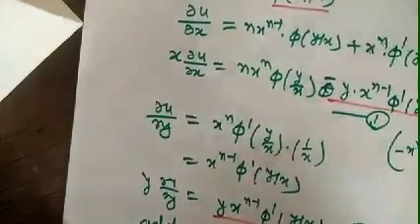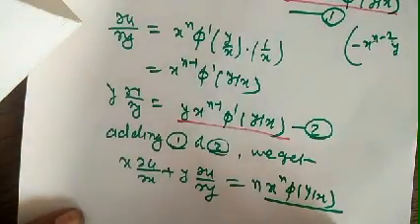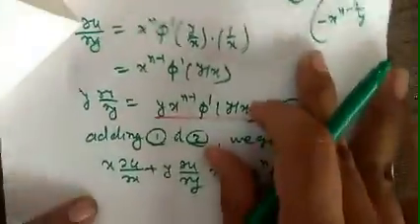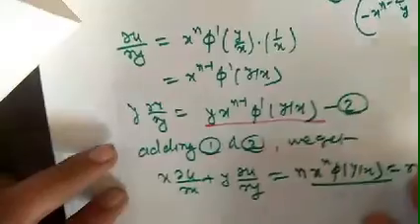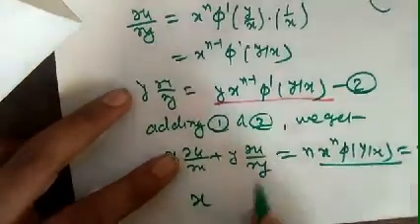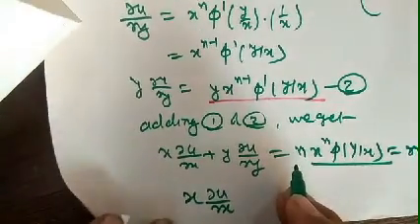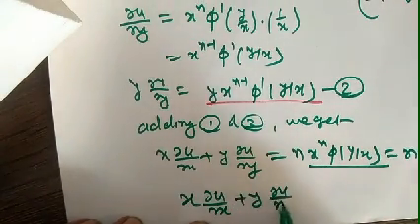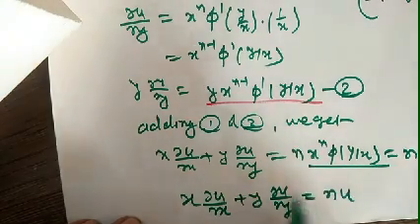This term, x raised to power n into phi of y by x, is our given u, therefore this is equal to n u. From this we get x into del u by del x plus y into del u by del y is equal to n u.